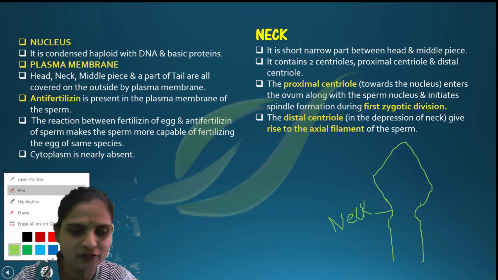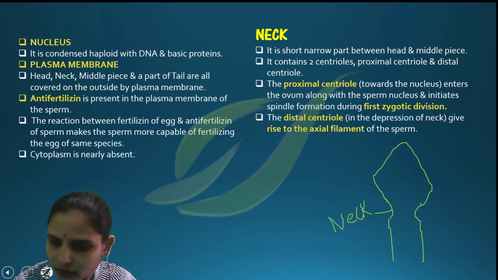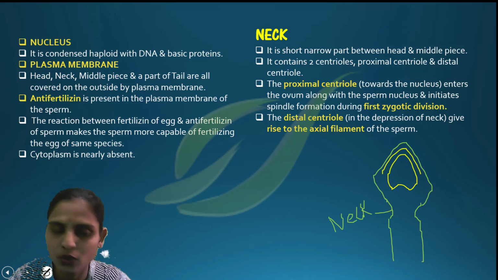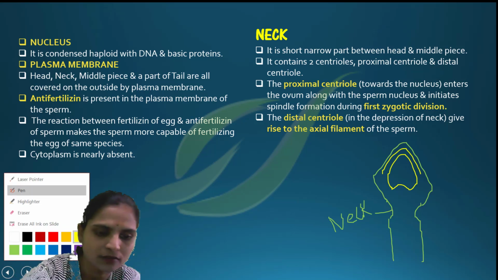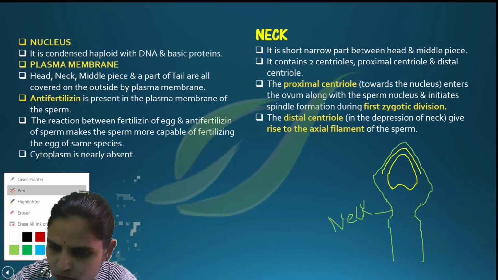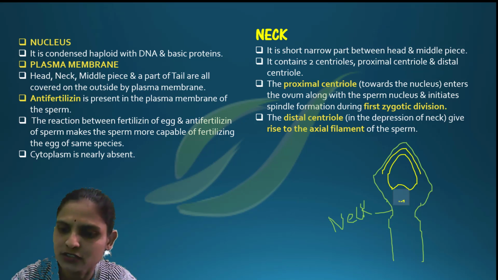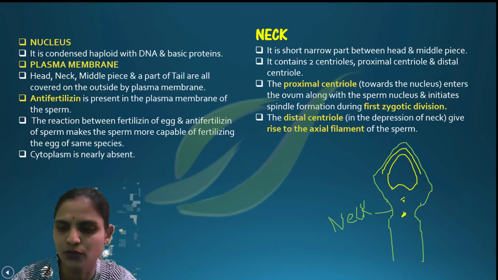Here this is the nucleus and this is the acrosome. Now I am concentrating only on the neck region, which consists of two centrioles.